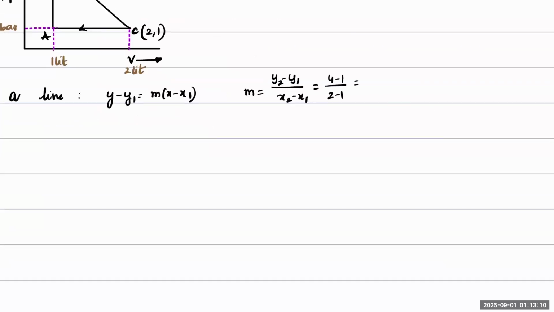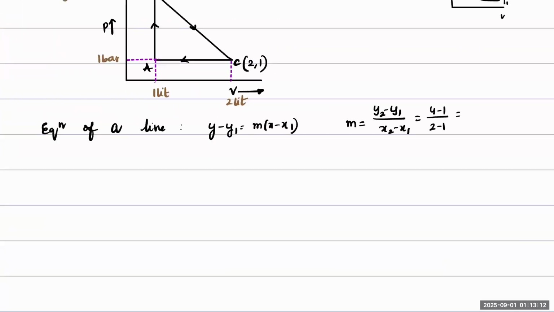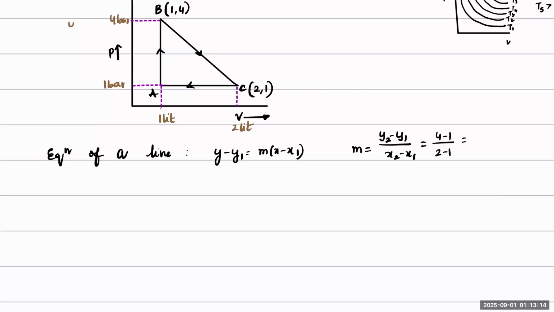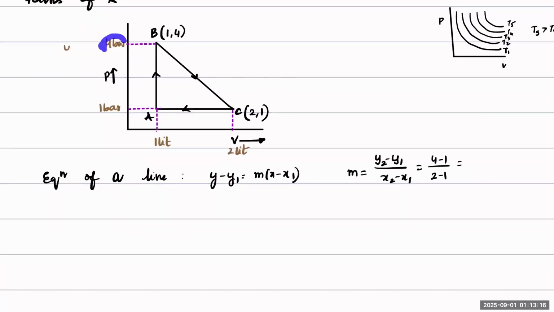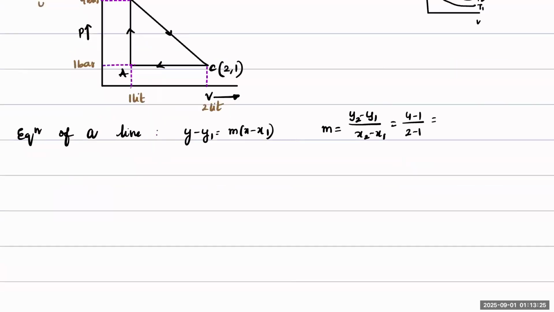So how much are we getting here now? y2 minus y1, this is the value we have, and x2 minus x1. Hmm. So how much are we getting here? So we are getting this as 2.